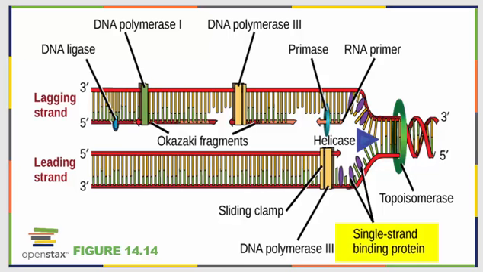Single-stranded binding proteins then bind to the single strands of DNA to prevent the helix from reforming before the job is done. Primase synthesizes an RNA primer that allows DNA polymerase III to synthesize a new daughter DNA strand.